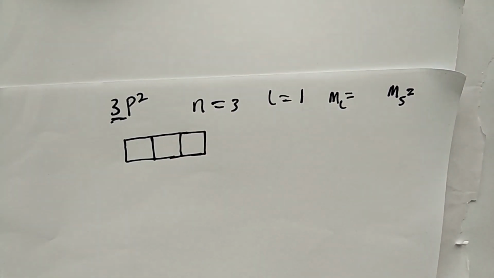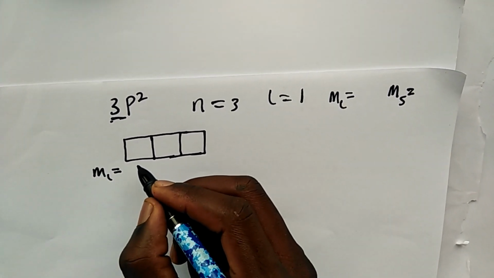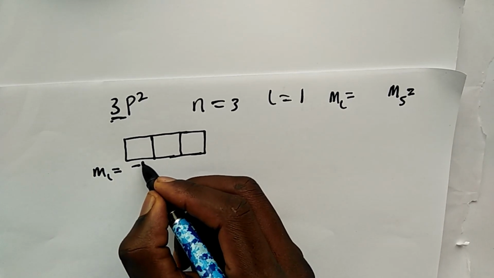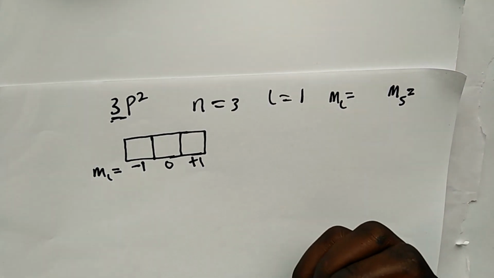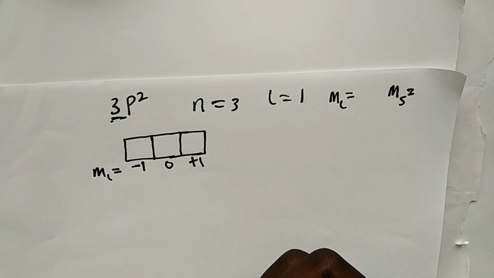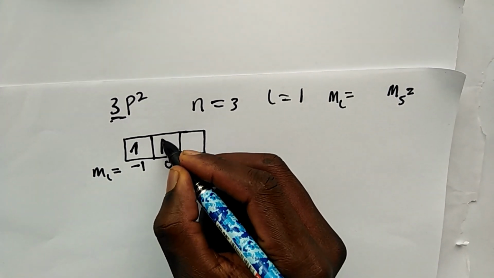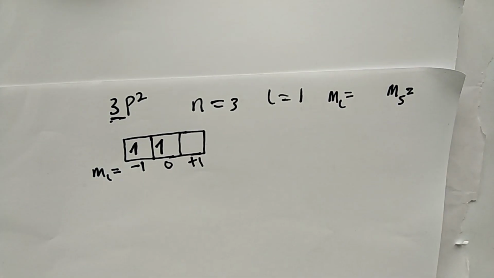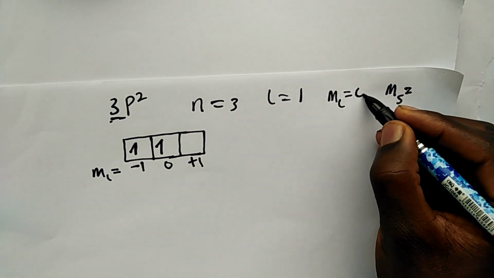L is 1, so ML is going to be minus 1, 0, plus 1. We have 2 electrons because it's 3p2. Remember Hund's rule says you put electrons singly before pairing. So you put the first electron, then the second electron, and the second electron falls at 0. Therefore, ML is equal to 0.